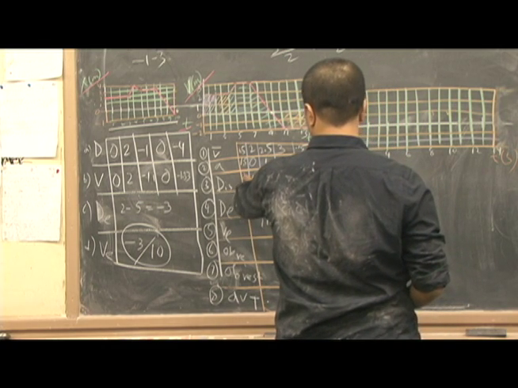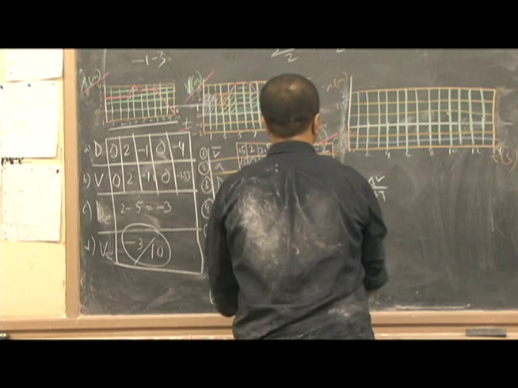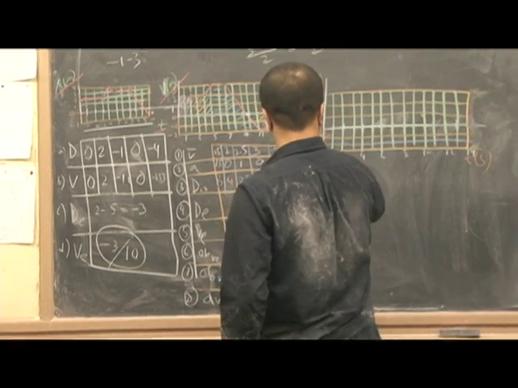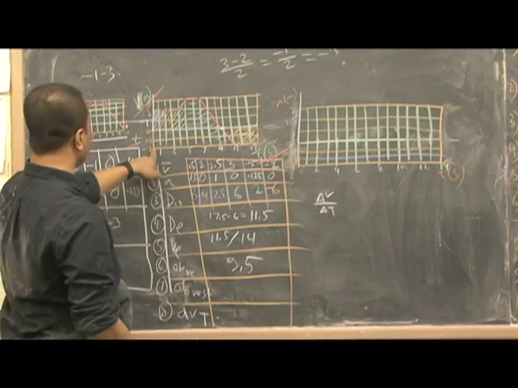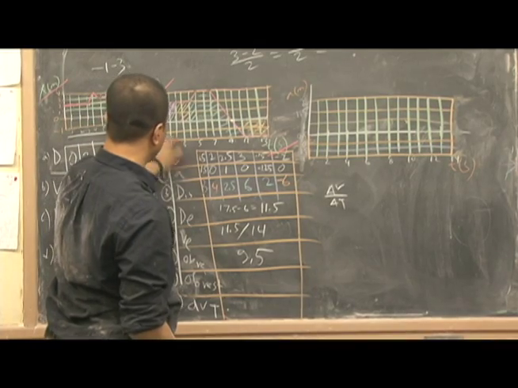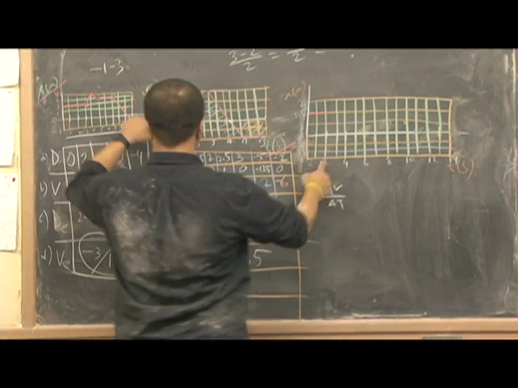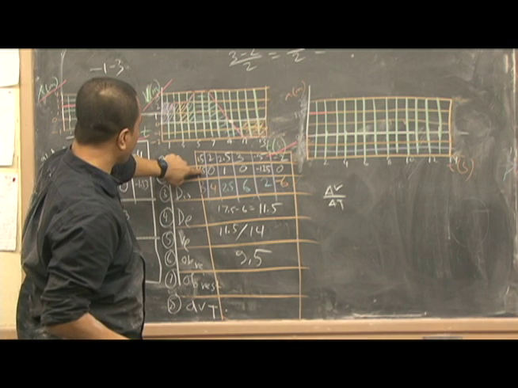What is the acceleration from time 0 to 2? 1.5. 0 to 2, acceleration is 1.5. All right.